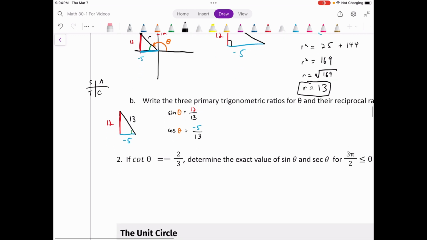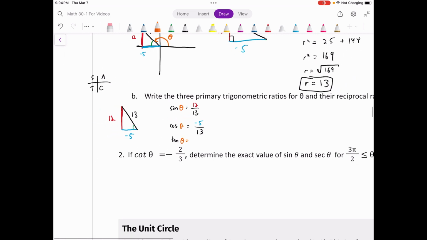Tan of theta would be opposite over adjacent, so y over x. Opposite is 12, adjacent is -5. So -12 over 5, or 12 over -5, means the same thing.